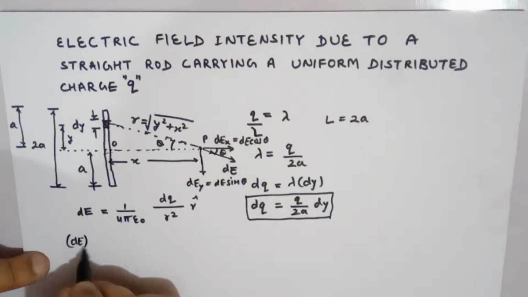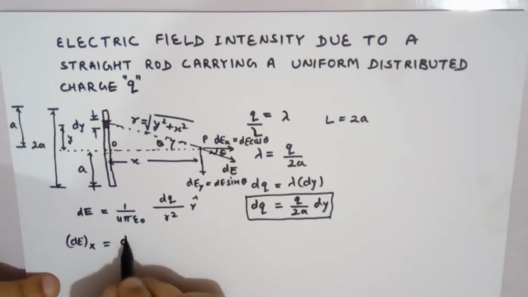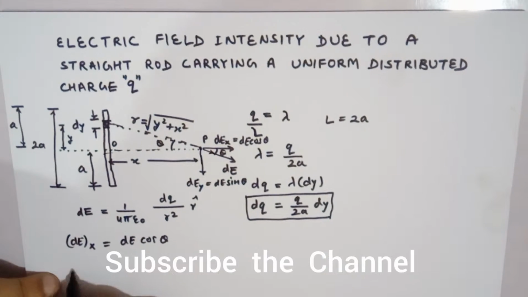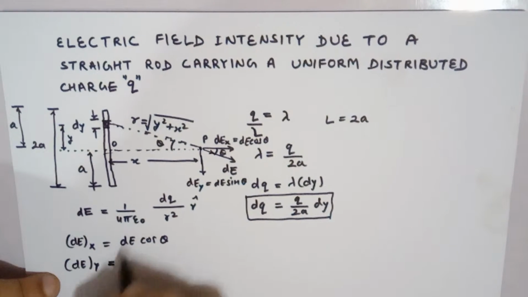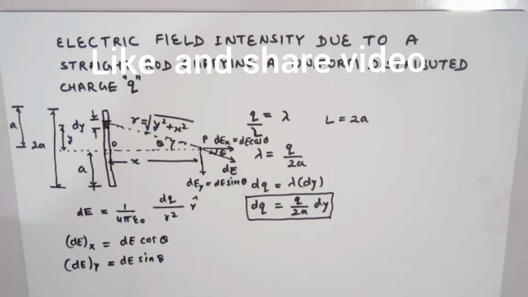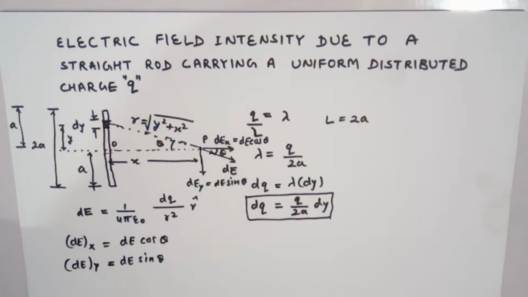So dE along the x-axis would be dE into cos theta, and the electric field intensity along the y-axis due to the y segment would be dE into sin theta, right? Our task is to find the electric field intensity because of the x-axis and because of the y-axis, which we will try to calculate.